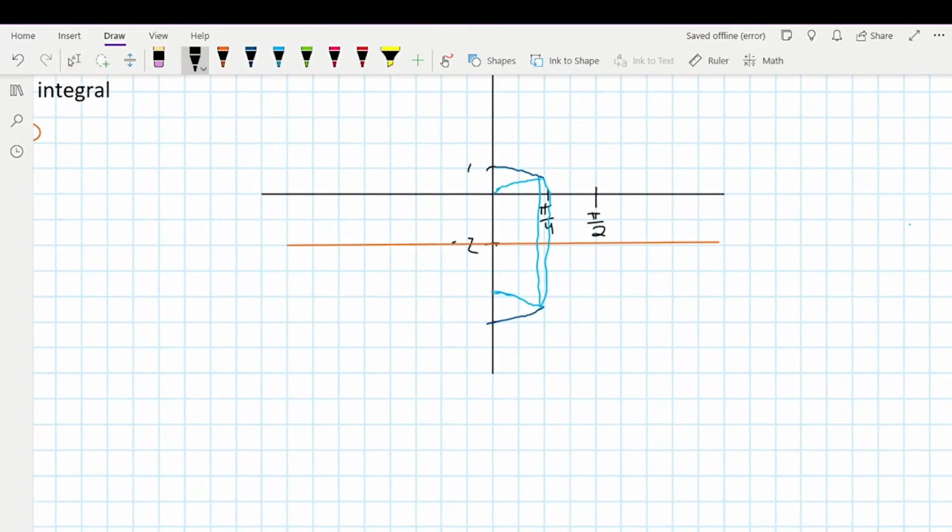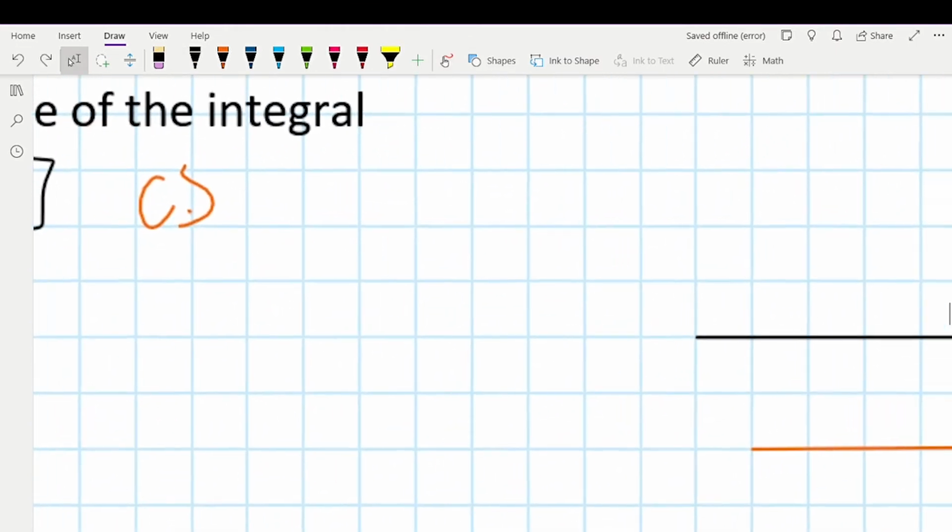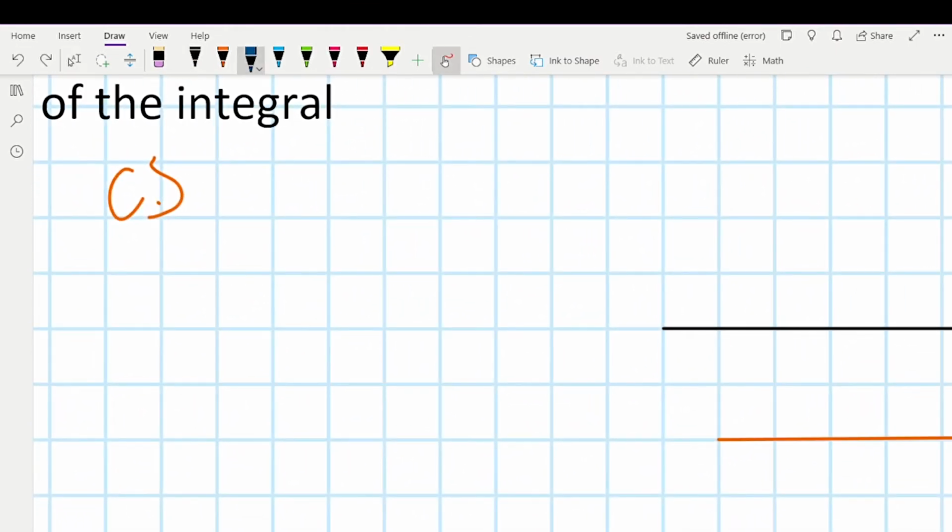On this graph, we can see that there's the space here, which is 2. So to rewrite these, we know that the first one will be 2 plus cosine x, and the second one should be 2 plus sine x.